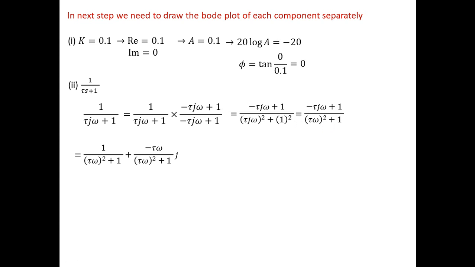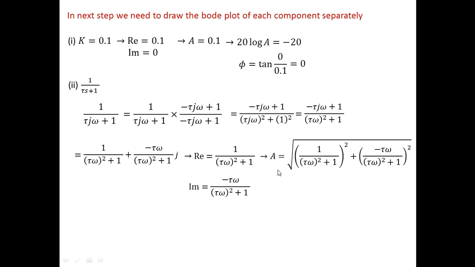So if we look at this ratio, the real part is 1 over (tau omega) squared plus 1, and the imaginary part is equal to minus tau omega over (tau omega) squared plus 1 times j. So the real part is 1 over (tau omega) squared plus 1, and the imaginary part is minus tau omega over (tau omega) squared plus 1.